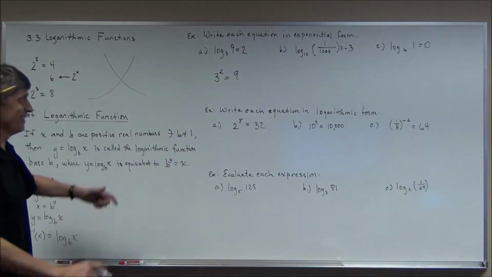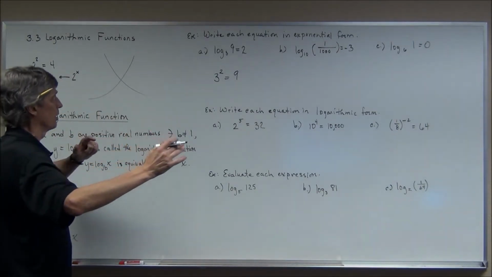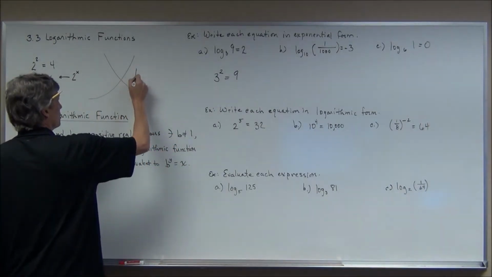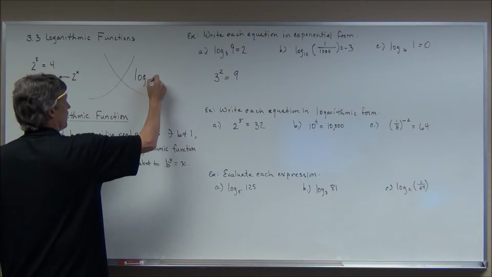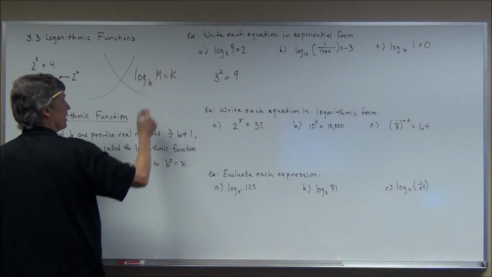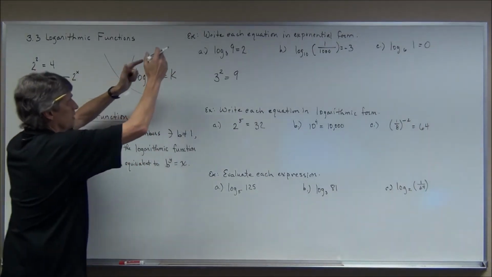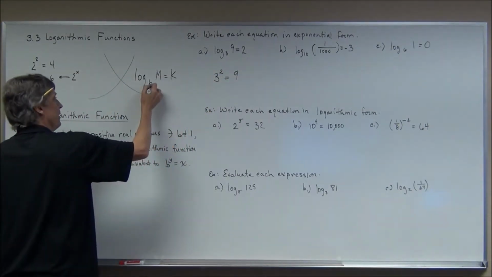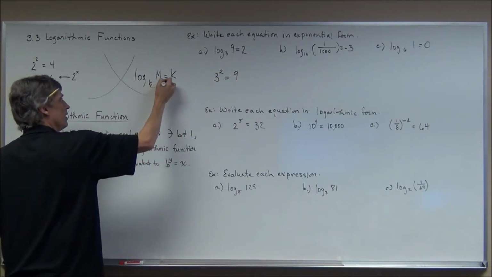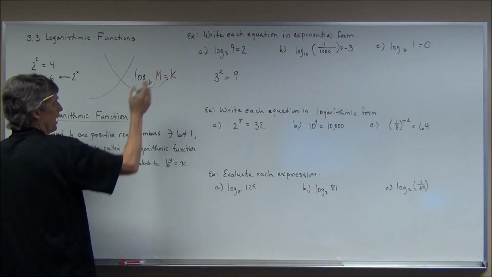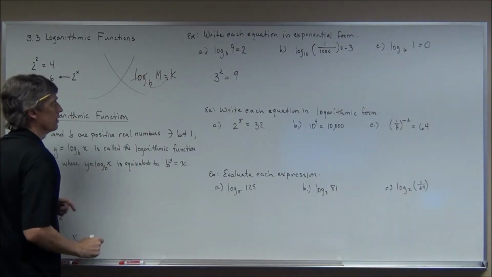Now you say, oh, I don't know, I might get this backward or something. Here's how I used to tell my students to remember how to do it. Log base b of m equals k. To go from this form into this form, the b comes on over and tries to get up where the k is. The log just drops off.